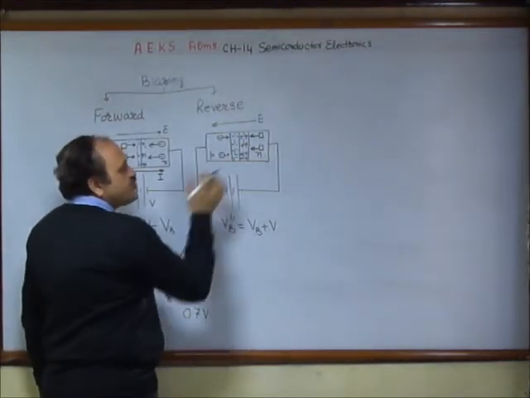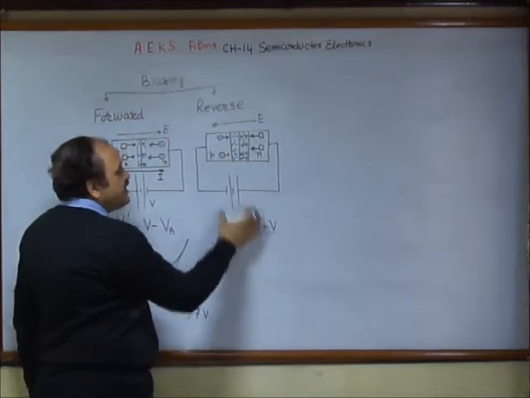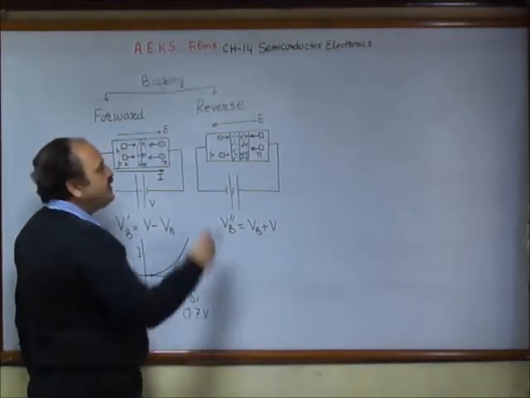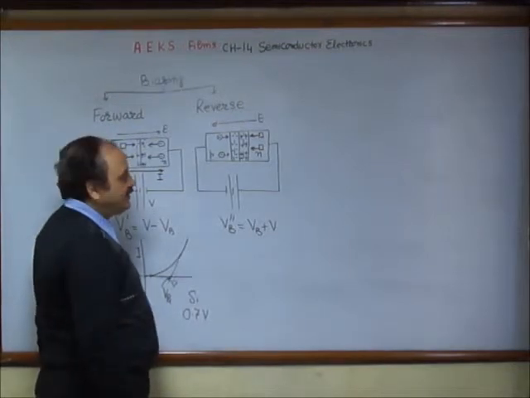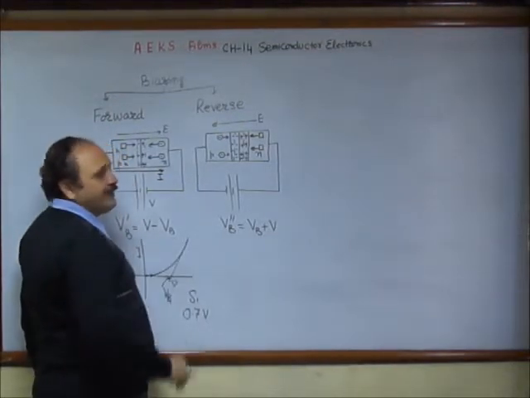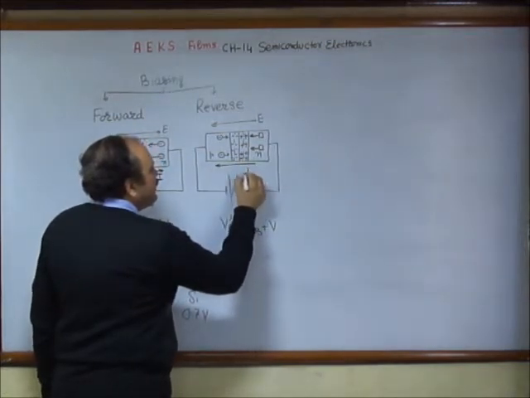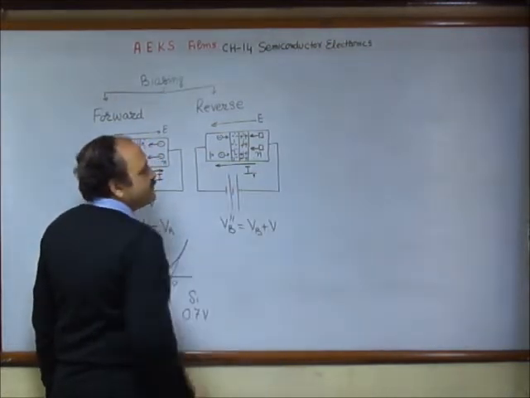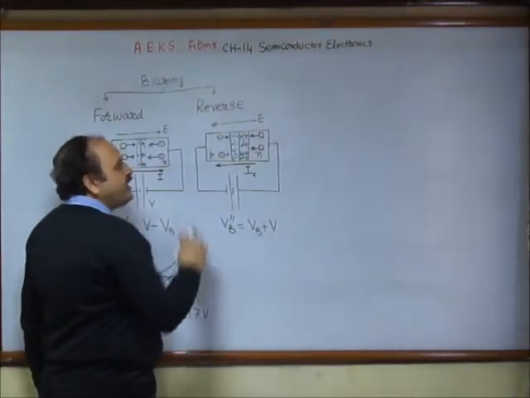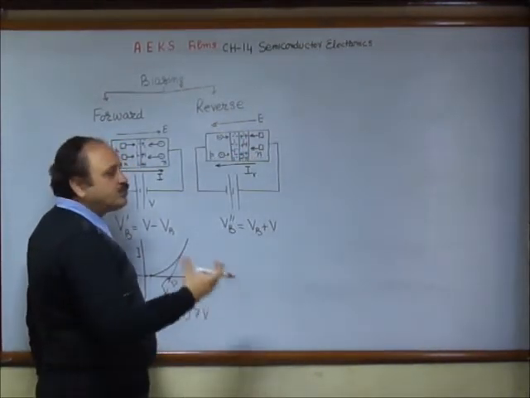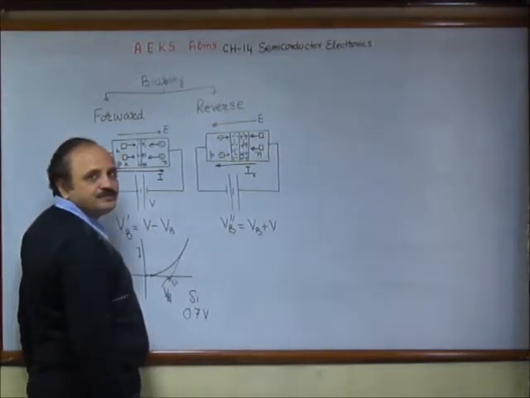There is a large potential difference, or barrier potential is large, so even these minority carriers are not easily allowed to cross. Though there is a current which is now in this direction, we call this as a reverse current. But since the number of minority carriers is quite small, this current is not very large.